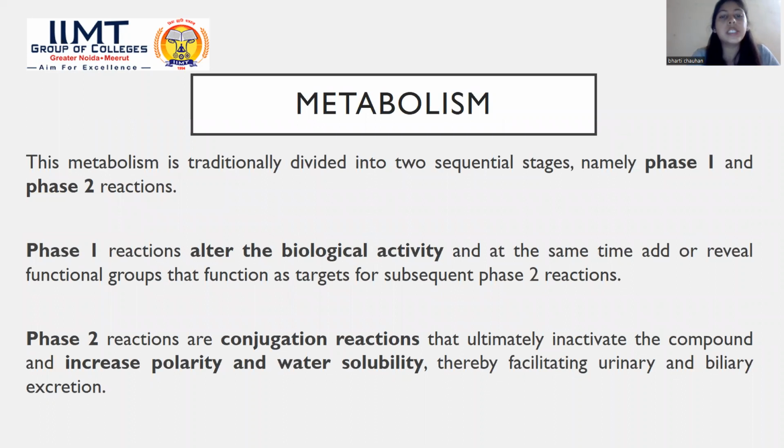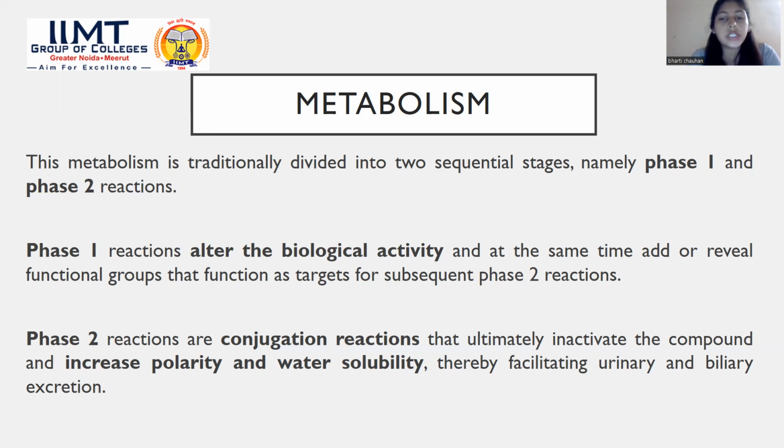This metabolism is traditionally divided into two sequential stages, phase 1 and phase 2. In phase 1, the reactions alter the biological activity and at the same time add or reveal functional groups that function as targets for subsequent phase 2 reactions. Now, what is happening in phase 2?